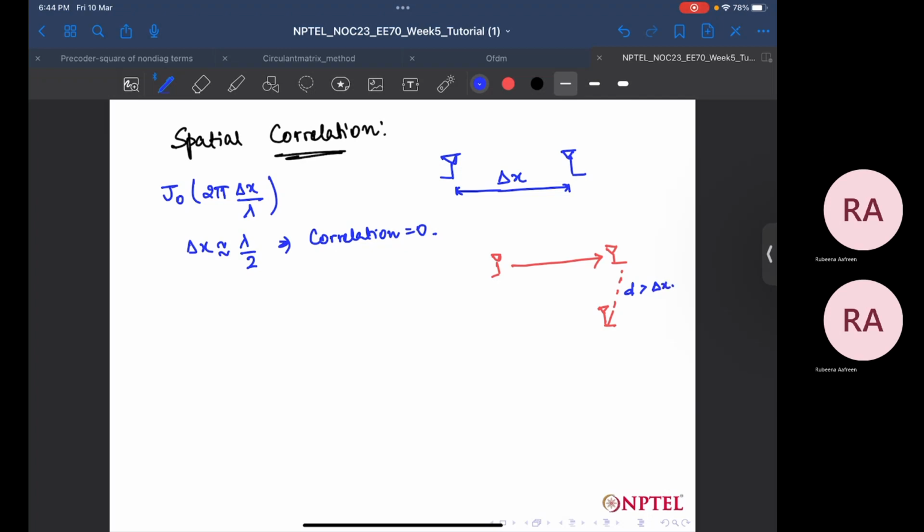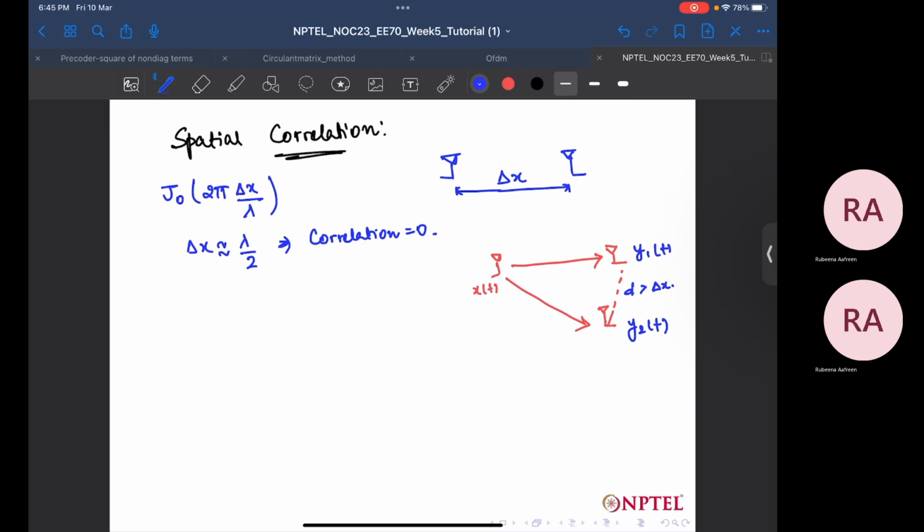Now what will happen is that the same signal, this x(t), will be transmitted to both the receivers, right? And since they are spatially separated at a distance greater than the critical distance, as I will call it, the signals received at both receiver antennas, this y1(t) and this y2(t), will be uncorrelated, right?